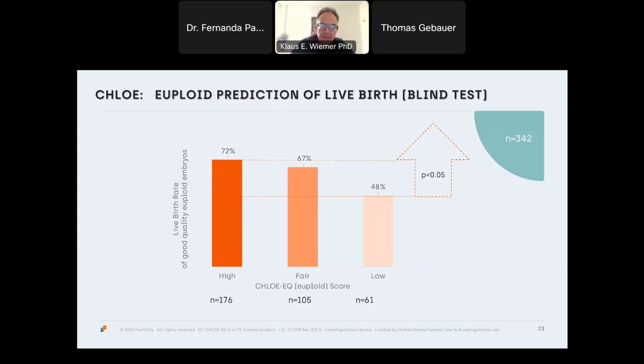So we can see that clearly cytoplasm is contributing here to those embryos.